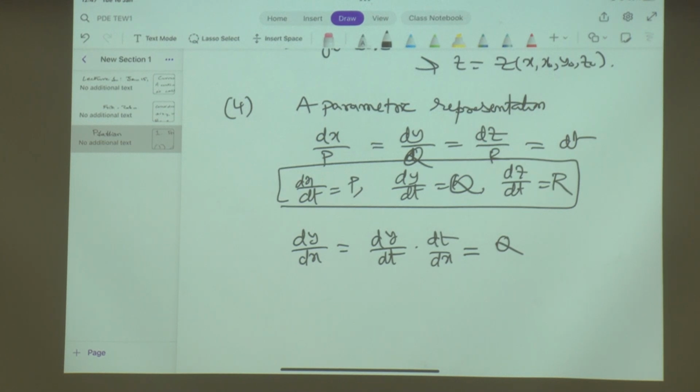Then you can get the derivative of the inverse function in terms of the derivative of the direct function, right? So that's why it becomes 1 by P. If you notice, dy by dx, I have exactly taken Q by P. So these are not just manipulation, there is analysis behind it, there is reasoning behind this. Similarly, you will see dz by dx is R by P, that will come from here.